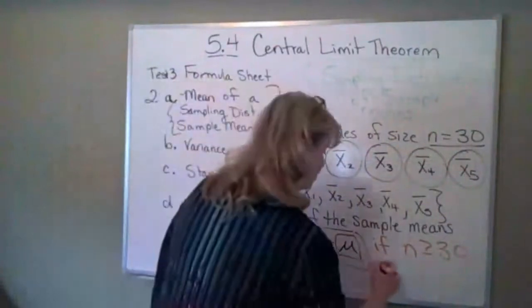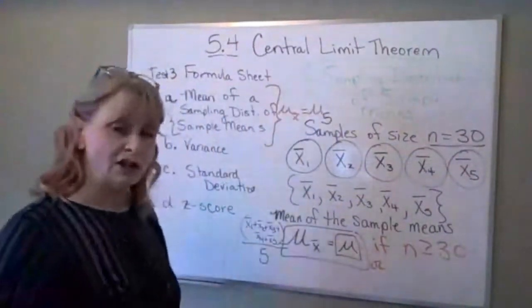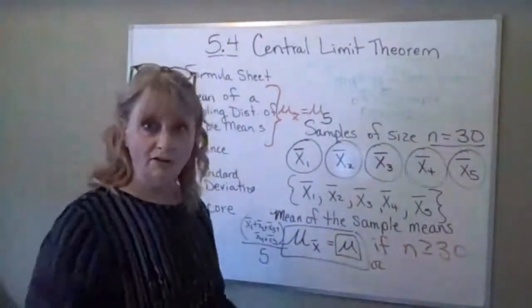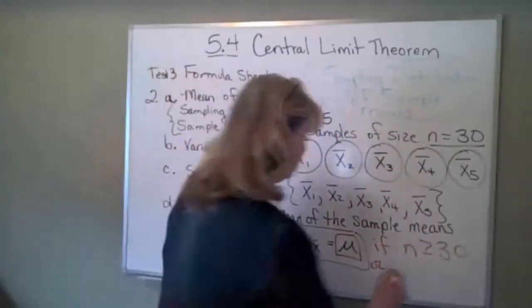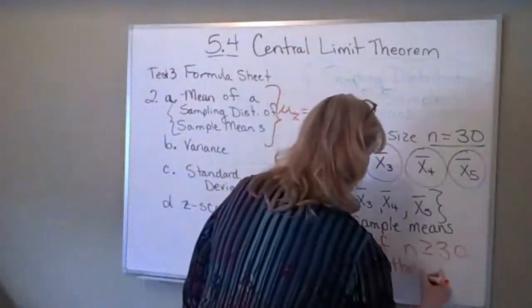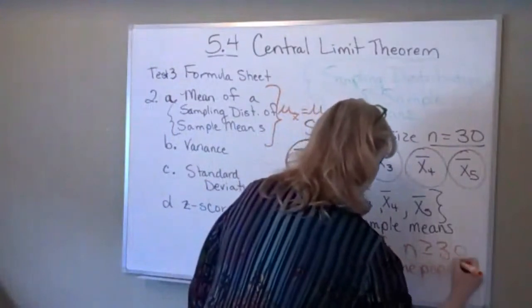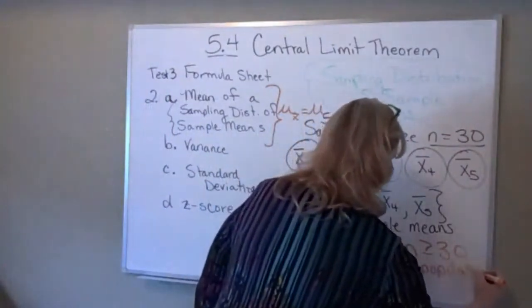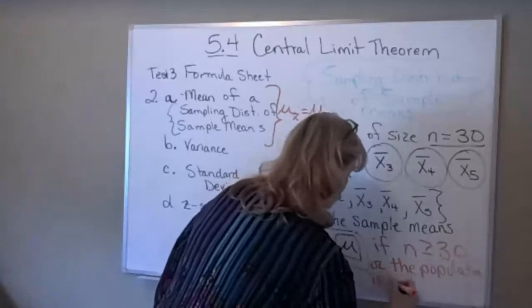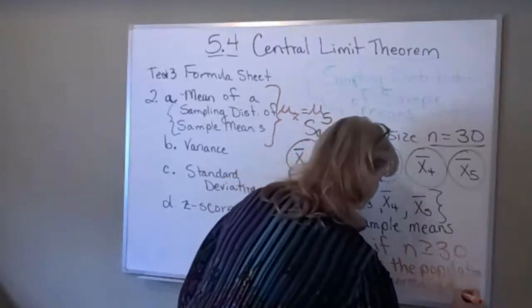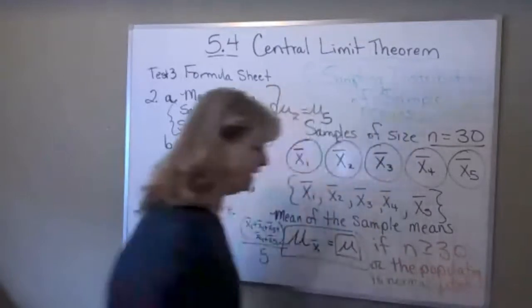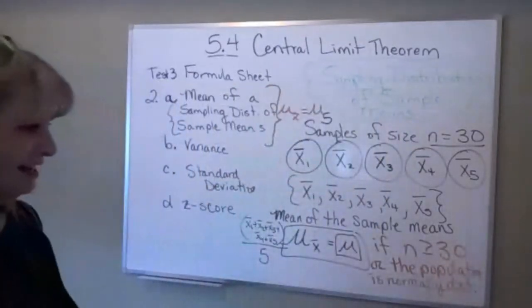Or the original population, like the ages of the whole 5,000, is known to be normally distributed, or the population is normally distributed. And I don't have room to write that whole word, so I'll just put DIST.